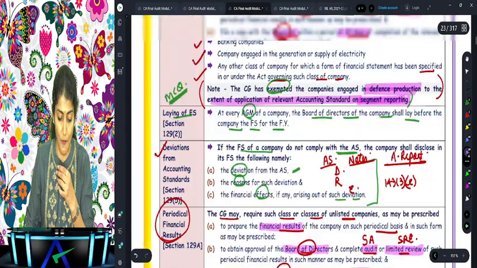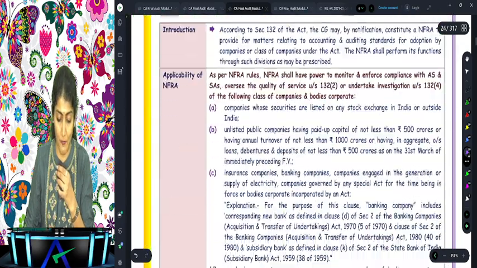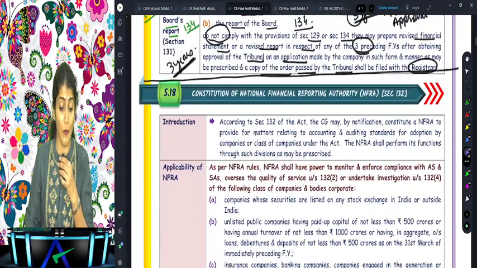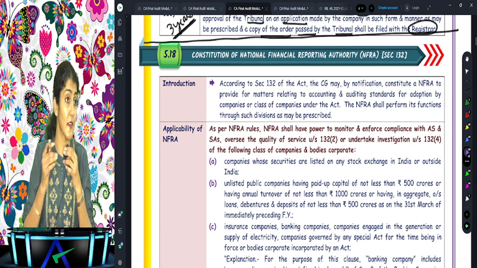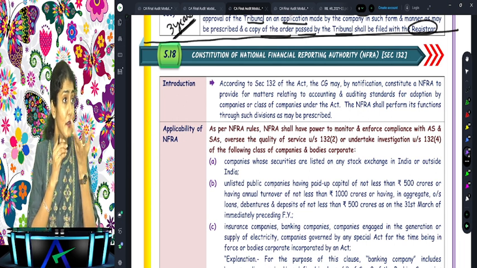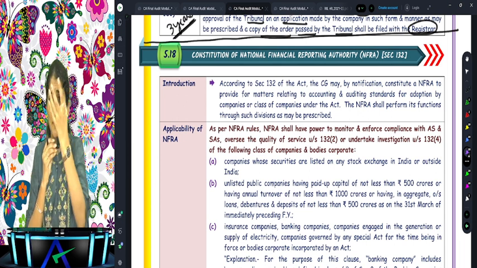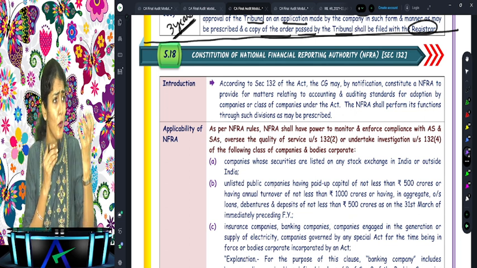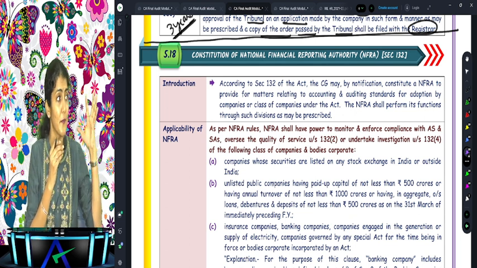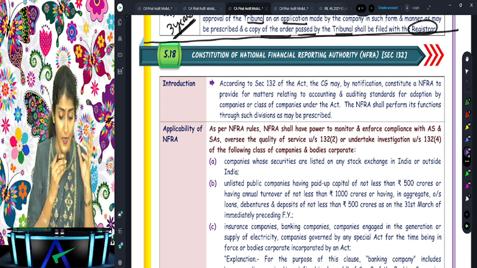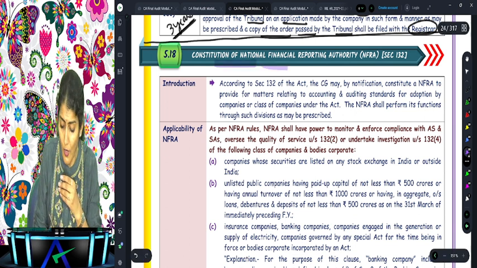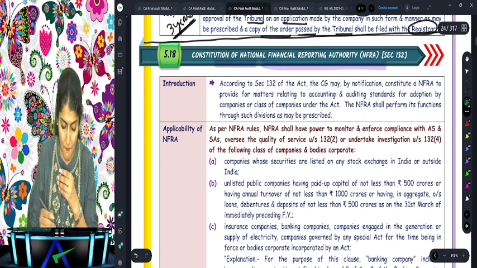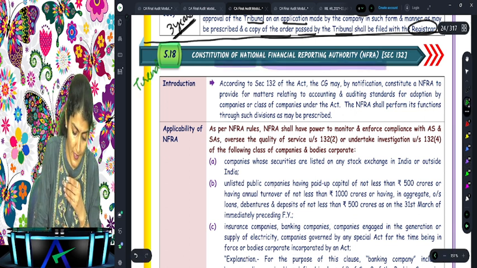You talk to the big four auditors regarding what work is going on right now. They say don't ask about NFRA, some particular NFRA, peer review, quality review, so much regulation which keeps on happening, right? So now we are talking about the constitution of the NFRA, which is again trending right now.